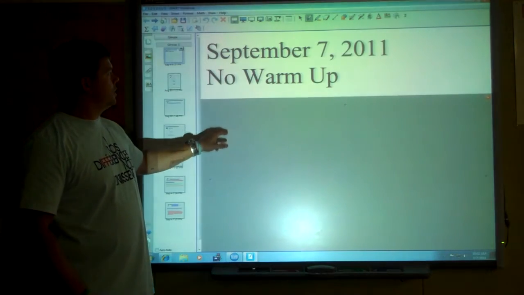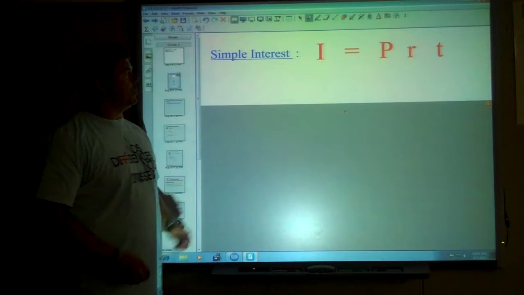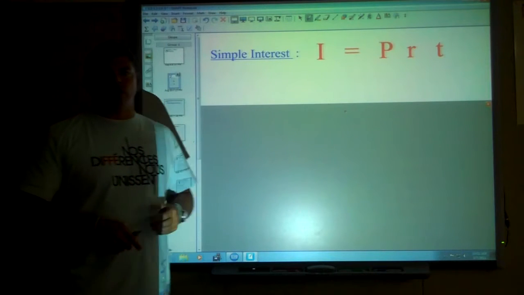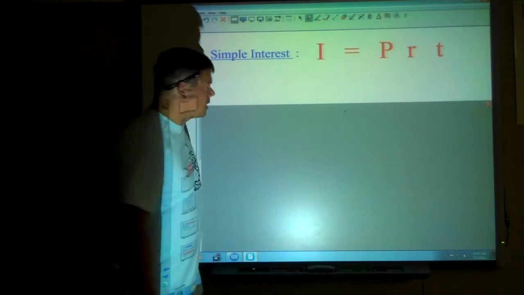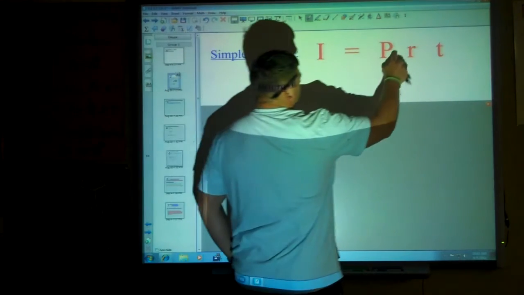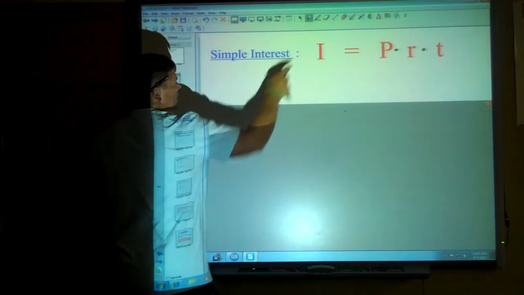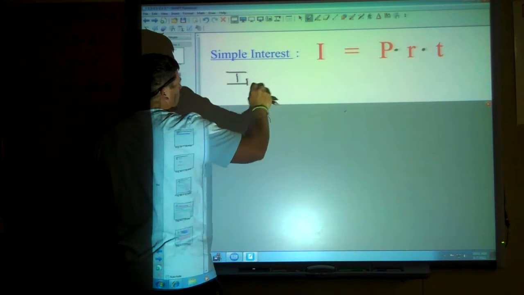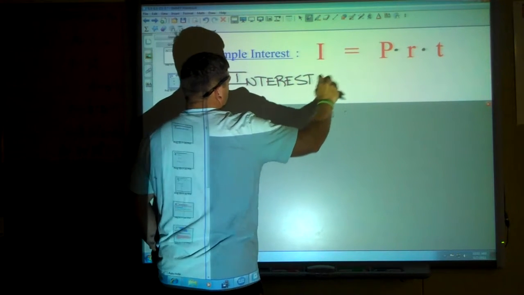So one of our formulas that we would use is this simple interest formula. There are different forms of interest, like compound interest. This is simple interest. And anytime we don't see the operation sign in between variables, we can assume that it's multiplication. The I stands for interest, and that's the amount that we will make off of our money in the account.